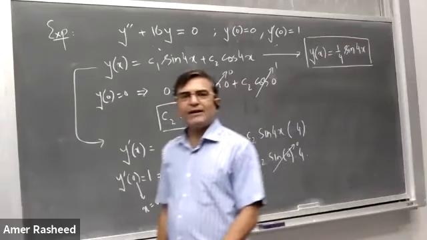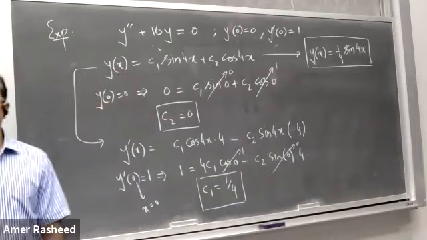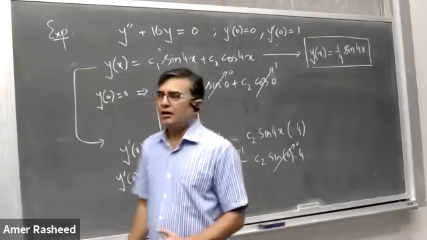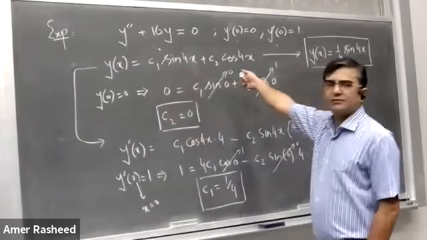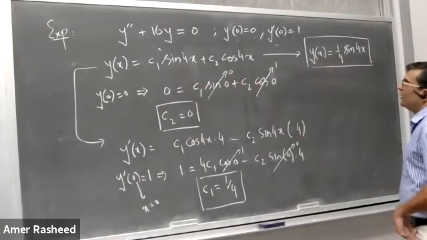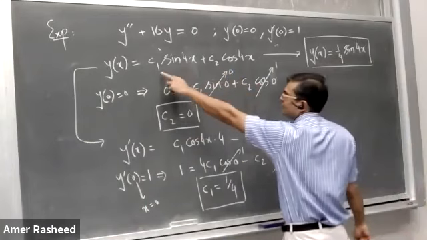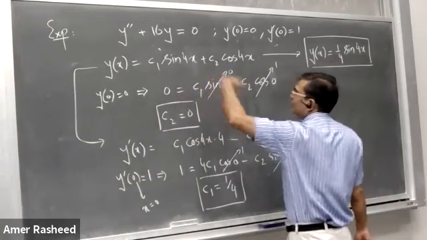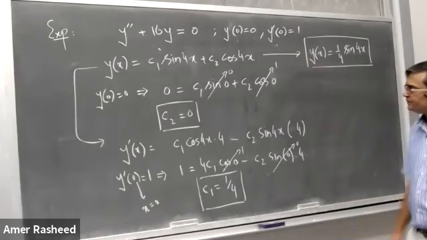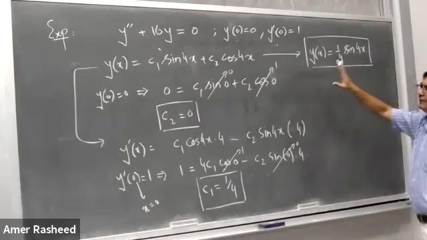I told you what a particular solution is: a solution which can be obtained from the general solution, which involves the parameters in the family of solutions, by inserting some specific values of these constants. So this is the particular solution of the given differential equation.